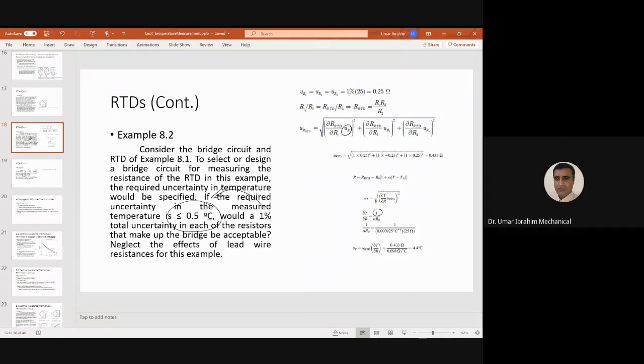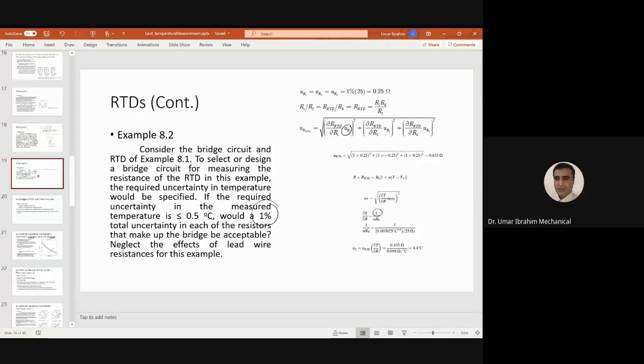Therefore, if we want the uncertainty in measured temperature to be equal to or less than 0.5 degrees C, we cannot use 1% uncertainty for our resistances in the Wheatstone bridge.